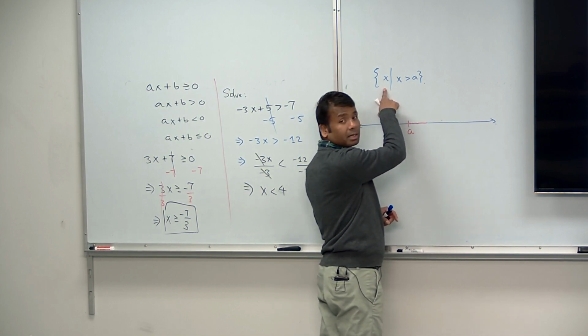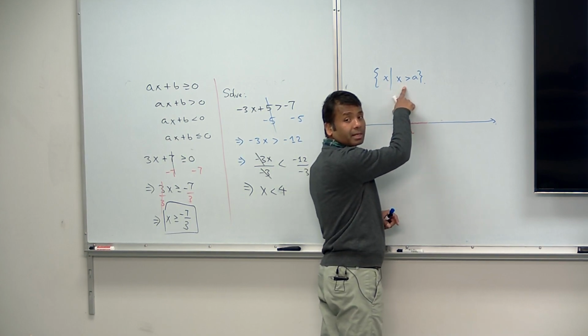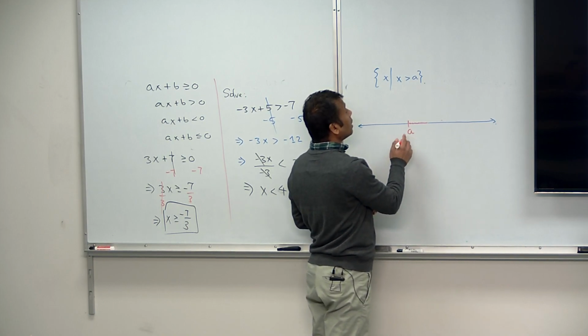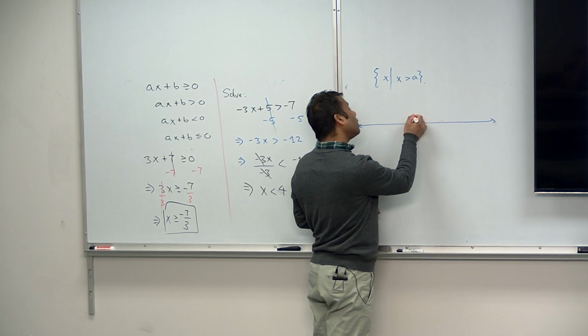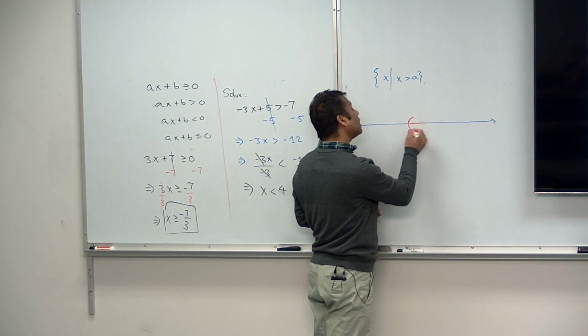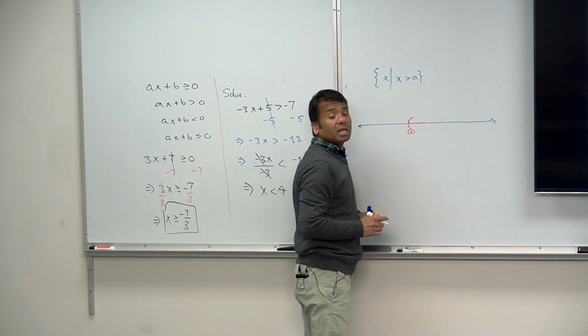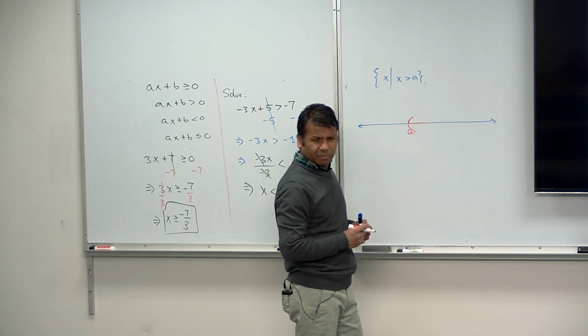This set does not contain a because x is strictly greater than a. So if the interval does not contain a, then we use the parenthesis. This parenthesis means a is not included. This is the convention.